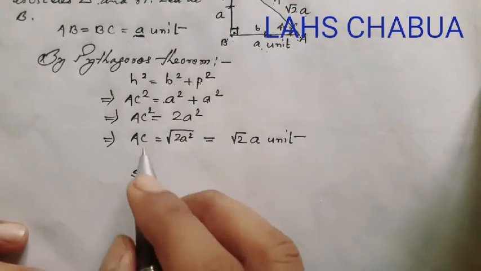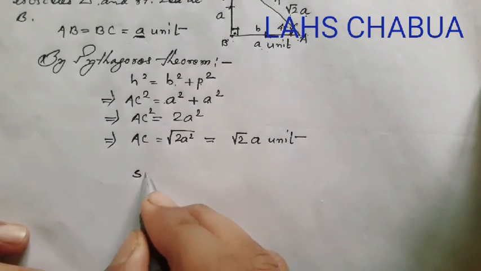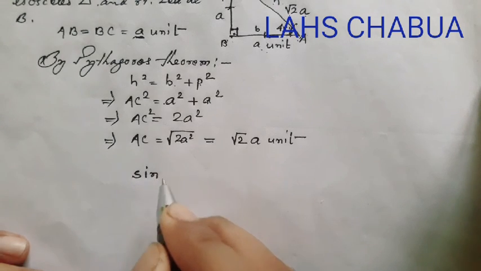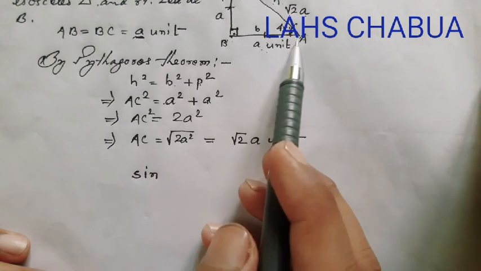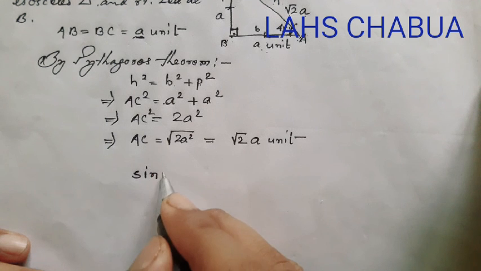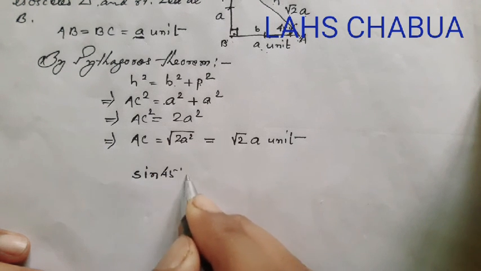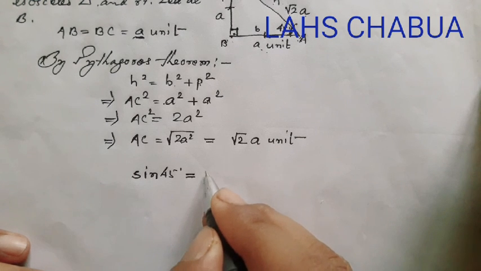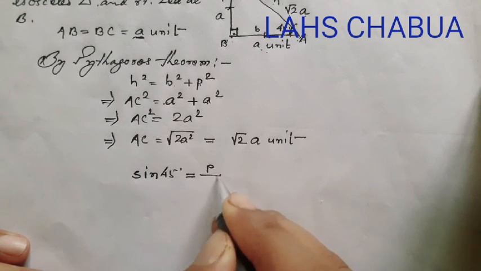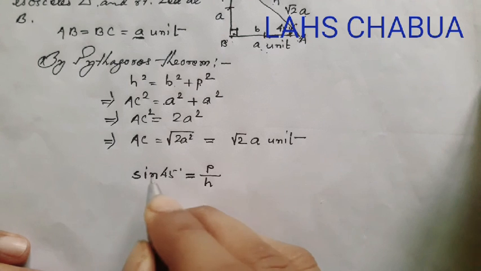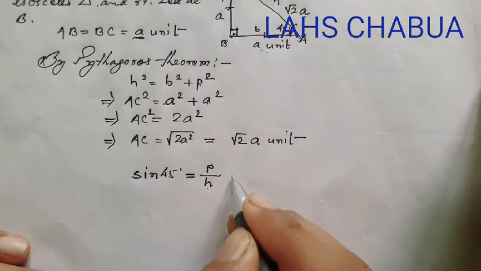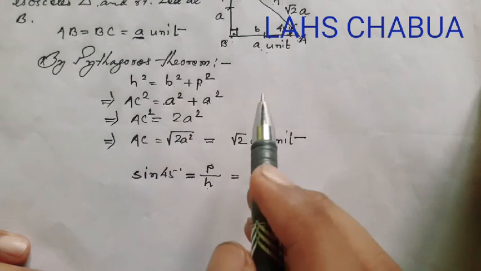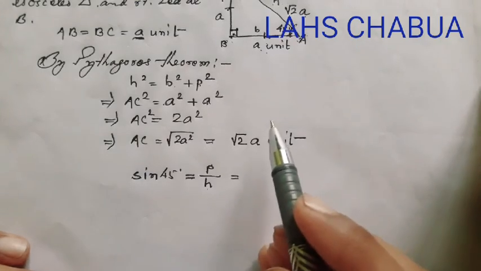So now I am writing sine ratio of acute angle A. Remember it is 45 degrees. So sine 45, as you know, what is the relation of sine? Perpendicular upon hypotenuse. See in the figure, what is the length of perpendicular?